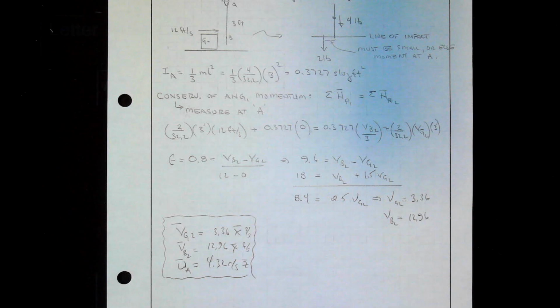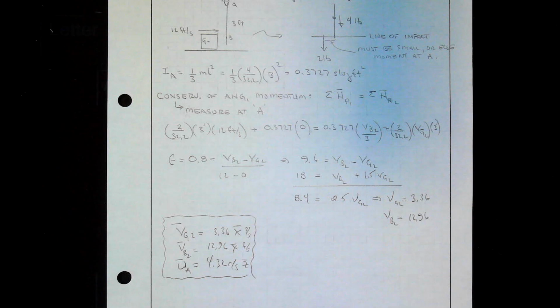Why did I do that? I need this velocity so I can do an impact equation in a moment. Then we have r cross mv again, so mass times VG2, the velocity after impact, and again the distance is 3 feet.